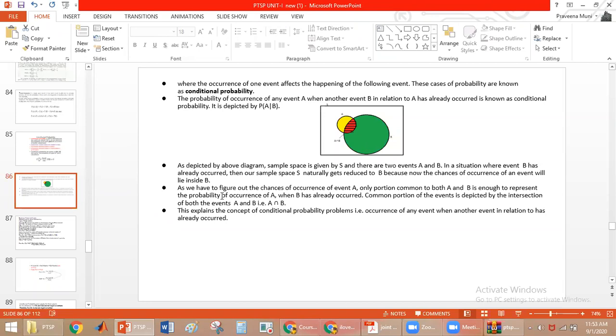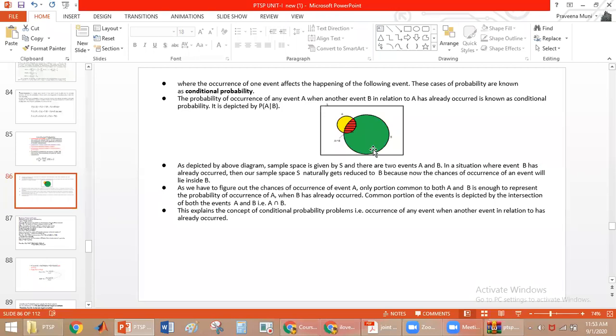The probability of occurrence of any event A when another event B in relation to A has already occurred is known as conditional probability. So we are finding the probability of occurrence of A where B has already occurred. See this Venn diagram here.